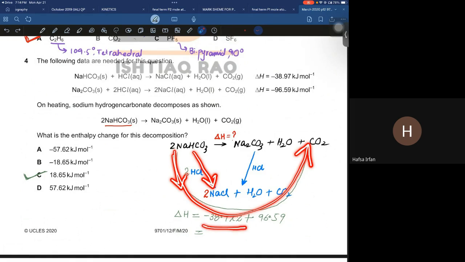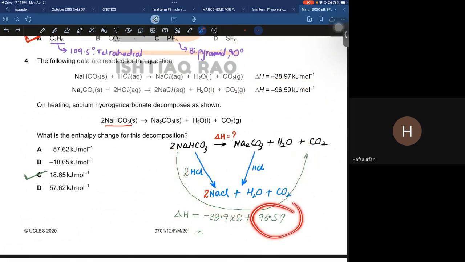I am going upward, but this arrow is going downward, so I have to change the sign, that is plus 96.59. So you would be getting C. Easy. It's related to Hess's law basically.